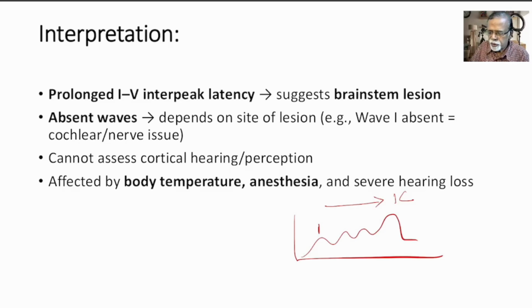When waves are absent, for example wave 1 is present and wave 2 is absent, that means there is a problem in the nerve or the nucleus. But again, remember, you cannot assess the higher cortical functions. The waveforms are dependent on various other factors. So that's the problem with the brainstem evoked response.